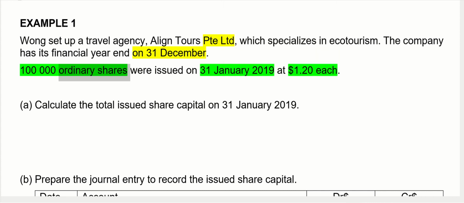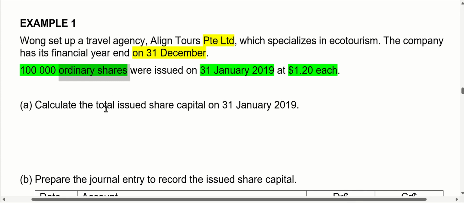Owners of ordinary shares have a right to vote during major decisions of the business. It also allows them to receive dividends. Other types of shares, which we don't need to study for POA in the O levels, you will study if you go to university, are like preference shares. They may not be allowed to vote, but they can get dividends, for example.